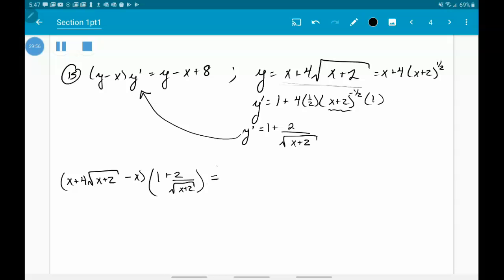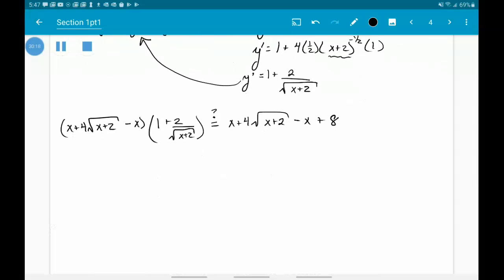We want to know, is that equal to? So I'm using equals with a question mark over it because we don't know yet. y is x plus 4 square root x plus 2 minus x plus 8. So we want to know, do we get an identity? Are these sides going to be equal to each other?